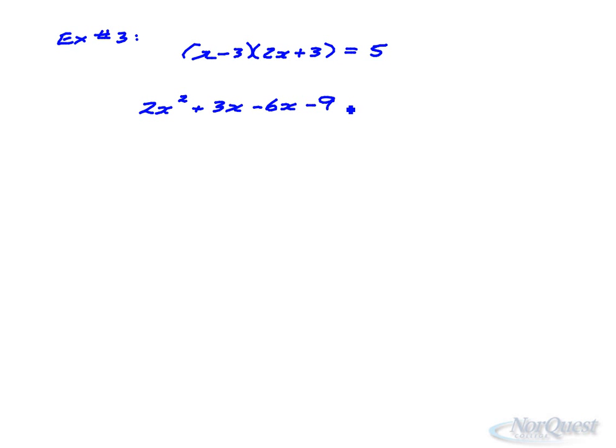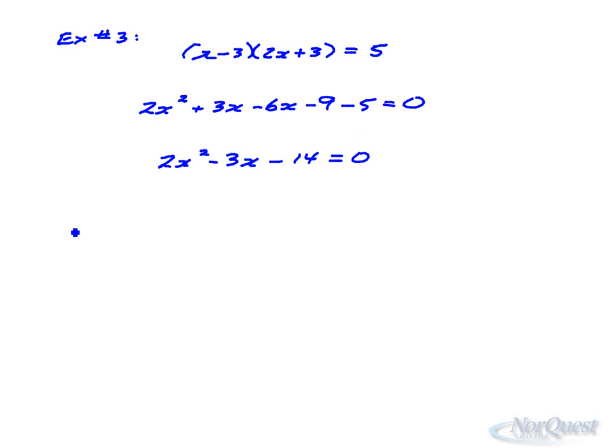And since I have to make this equal to 0, I might as well subtract the 5 from the other side already and set this equation equal to 0. Now simplify by collecting the like terms. 2x squared minus 3x, negative 9 minus 5 will give us minus 14 equals 0.